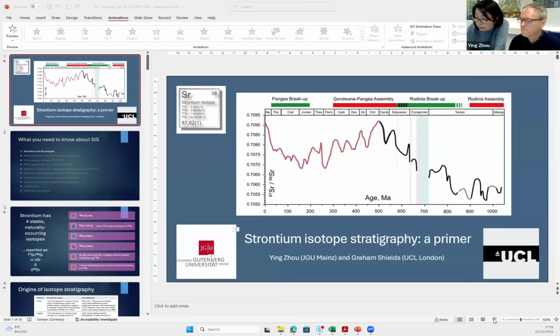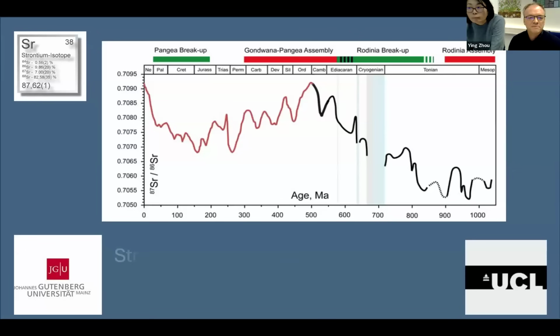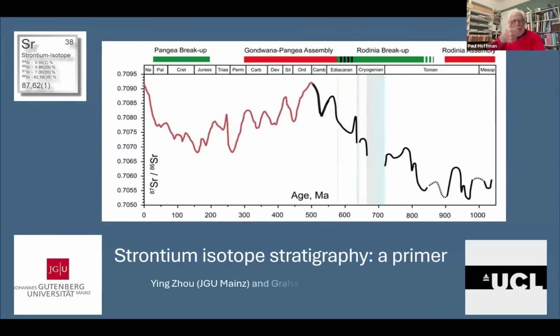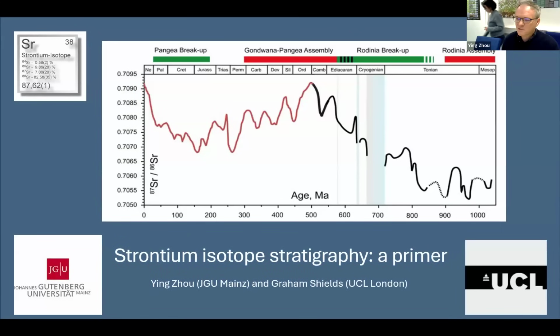Can you see it now? No, because that's your desktop, isn't it? Yeah. There we go. Perfect. Okay, great. It's a bit difficult with multiple screens. So sorry about that. So without further ado, let's get into this. Sorry, what happened there? I've done it again.